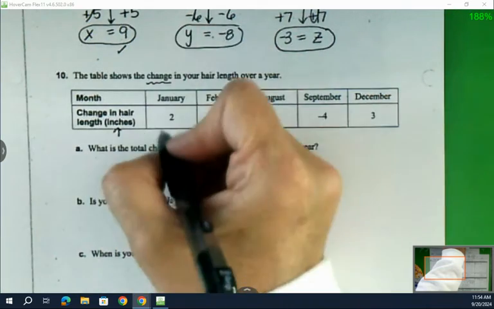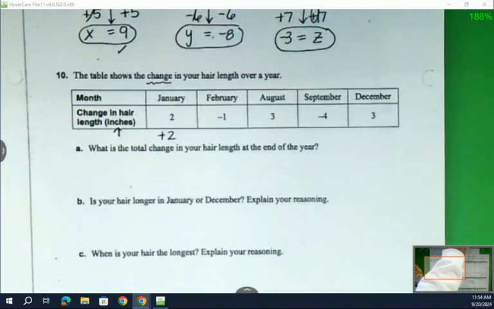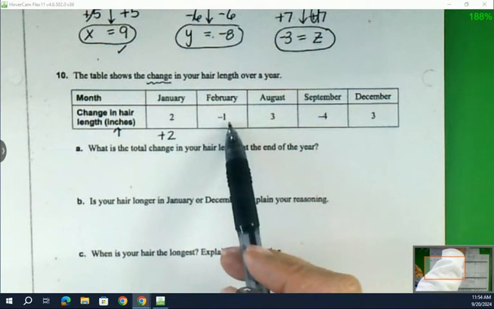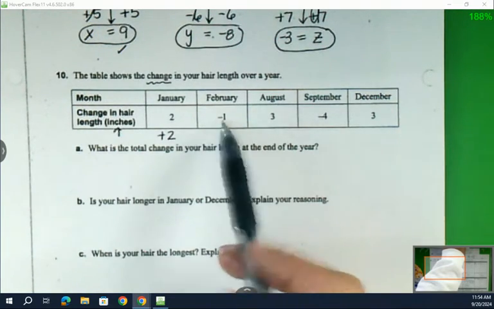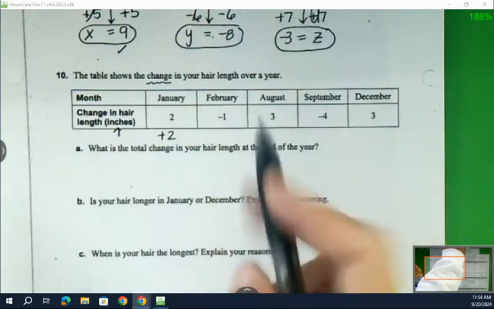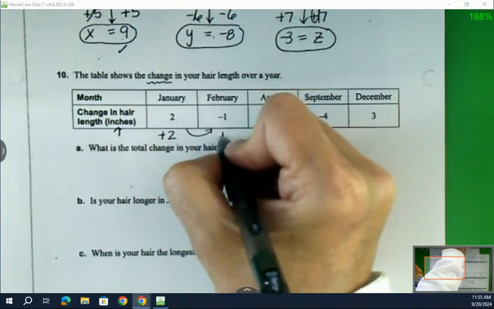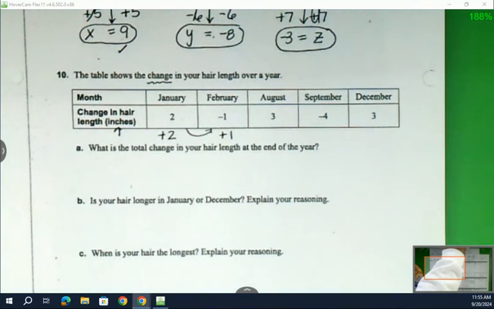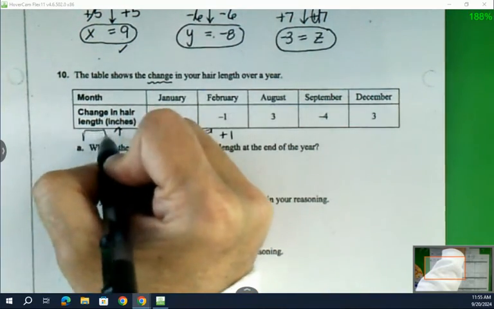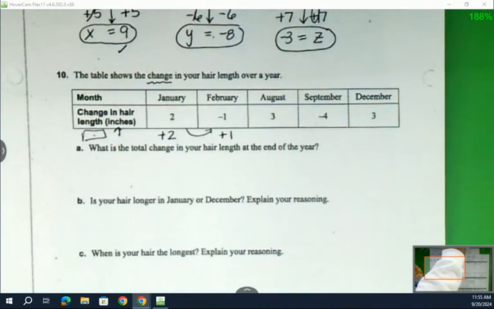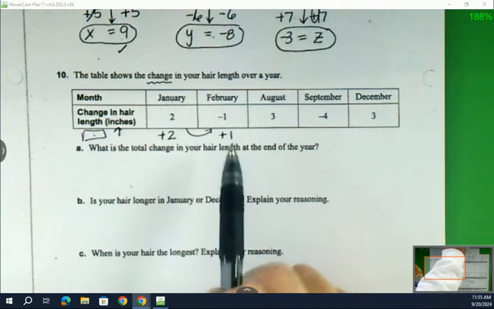So we're going to take that as a growth of 2 inches. So we'll put +2. In February, it looks like we got a haircut because it says -1, but we had a growth of 2. So if we are only chopping off 1 inch, we're still in the plus by 1. We don't know what our starting amount is of our hair length.